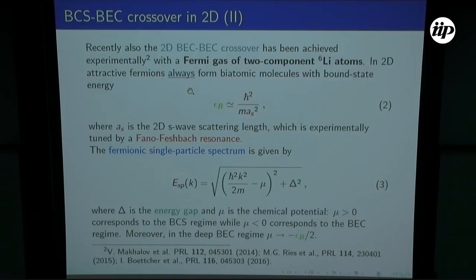Then when you go in between, delta becomes around the Fermi energy of non-interacting fermions, and the chemical potential becomes 0. So at that point, you don't have the Fermi surface anymore. And in the deep BEC regime, the chemical potential becomes negative, and in particular it becomes equal to minus the binding energy over 2. Here I have defined a positive binding energy, and so here there is a minus.